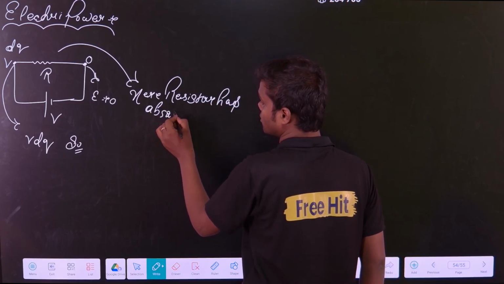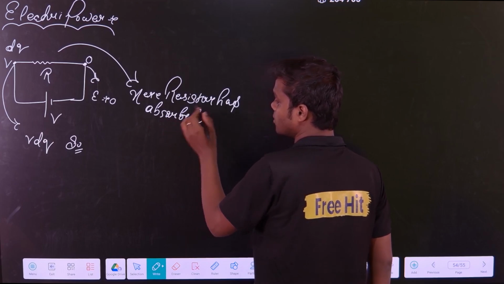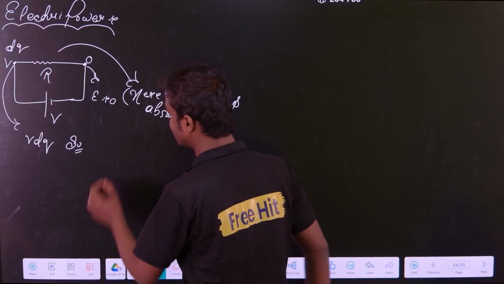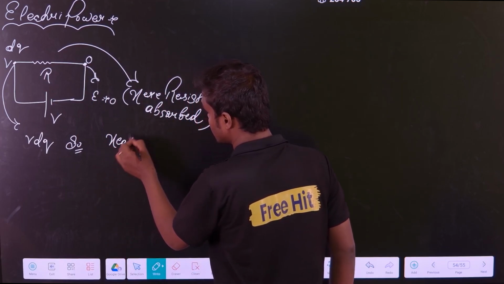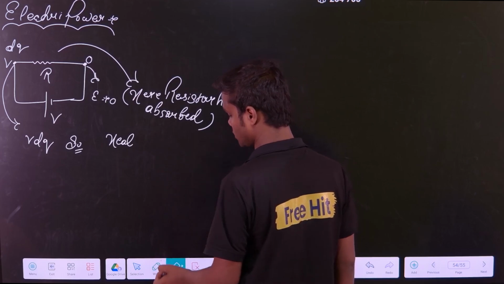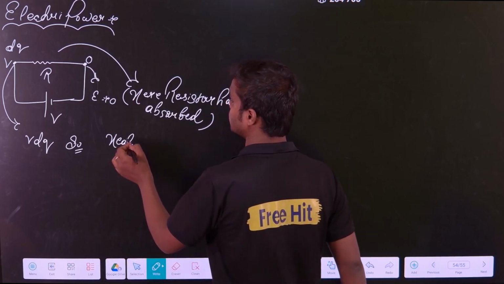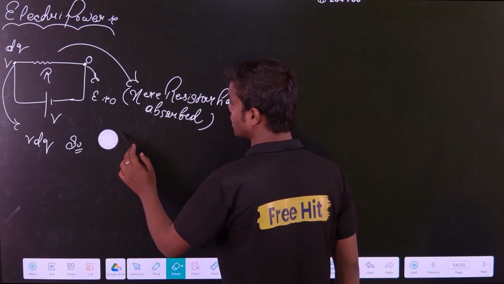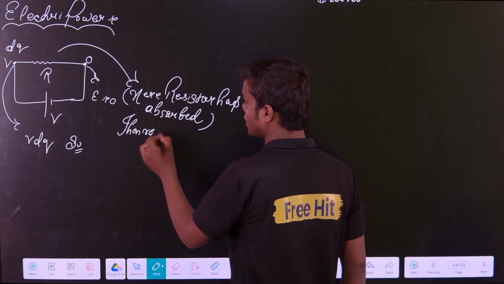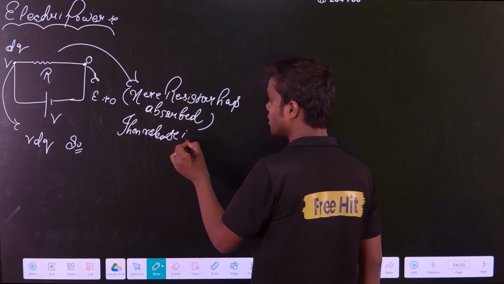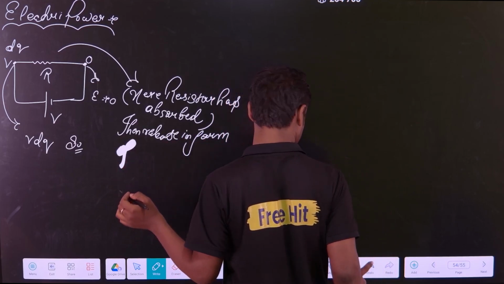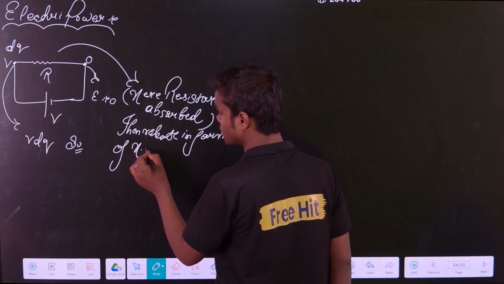What is released? Because the resistor is a passive device, it will not store that energy; it will absorb that energy and release it in the form of heat.